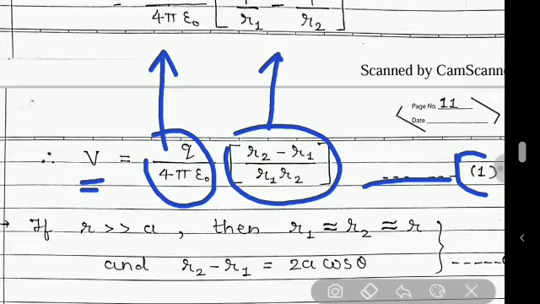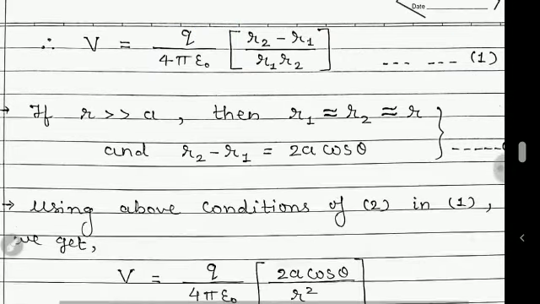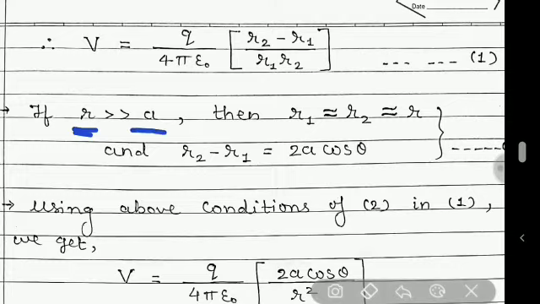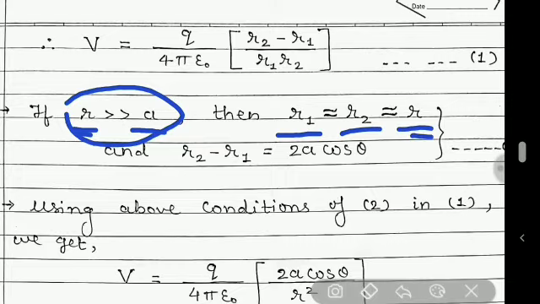Here we will take the condition that the distance r is very much greater than a. So this is the condition. You can see it from the figure also, that if we take this condition, then the distances r1 and r2 will be nearly equal to r. Remember, nearly, or we can say approximately equal to r.